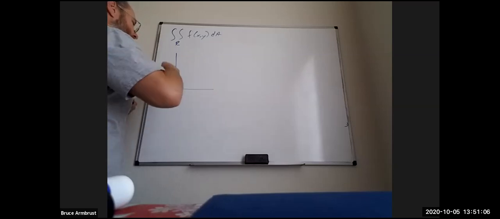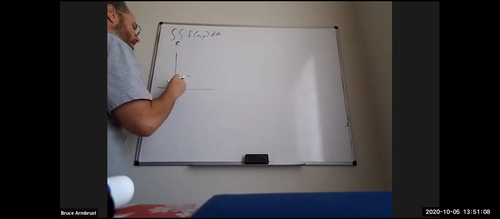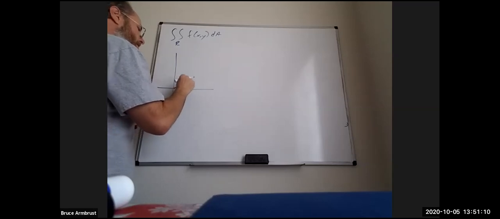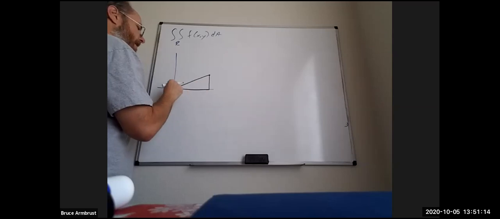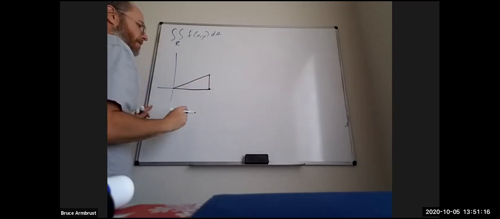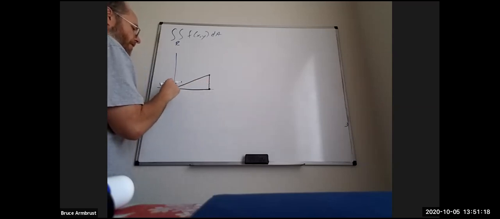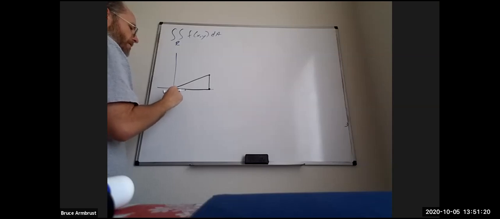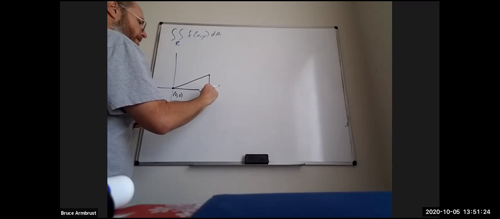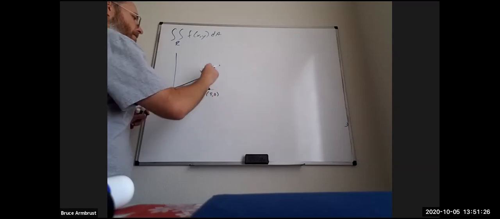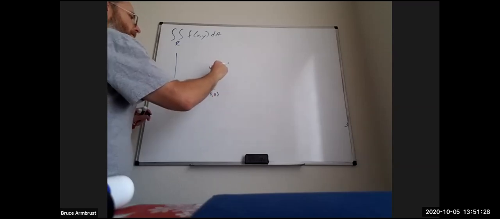Okay, so this region is going to be this triangle. And I'm going to give you the coordinates of the vertices. So this is the origin, 0, 0, obviously. Let's say that this is 5, 0, and this one is 5, 2.